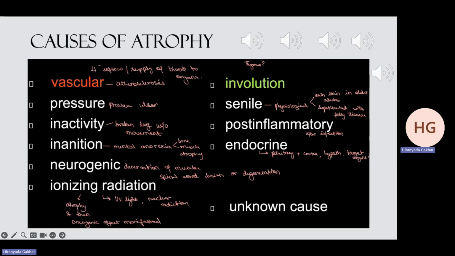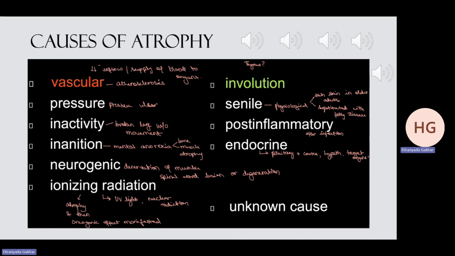Moving on to the causes of atrophy, the slide that you see here is a screenshot from Professor Dushkova's presentation. I will be covering all the points in detail and you can find their detailed explanations in the slides ahead. So first one is vascular atrophy. Vascular atrophy is when there is a reduced blood supply to a particular organ, and this can be due to atherosclerosis.